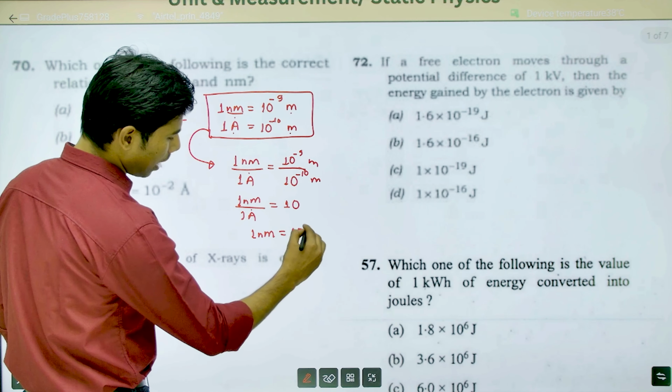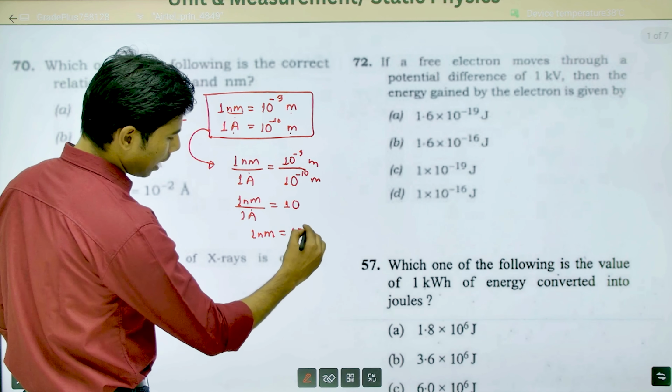You can solve it easily by various other methods. You can multiply by 10 to power minus 1 and 10 to power minus 1, or solve it by putting in the angstrom value, and you get the same answer: 1 nanometer is equal to 10 angstrom. There are various other relations that you should know.